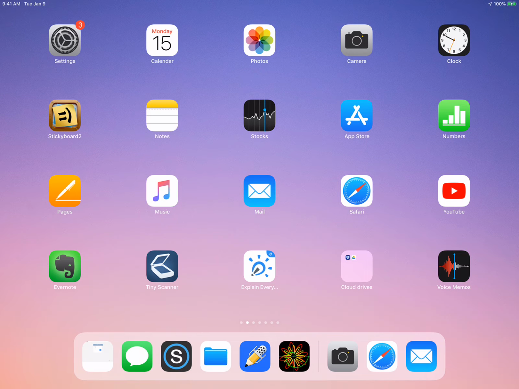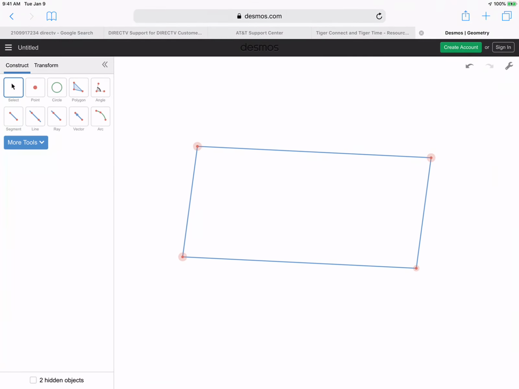So I'm going to pull up Desmos, and I'm going to go ahead and start doing some measuring. So I'm going to, let's say, measure the side length right here. I'm going to measure its length, and it's 9.51 units. I'm going to measure that length. It's 4.54 units.